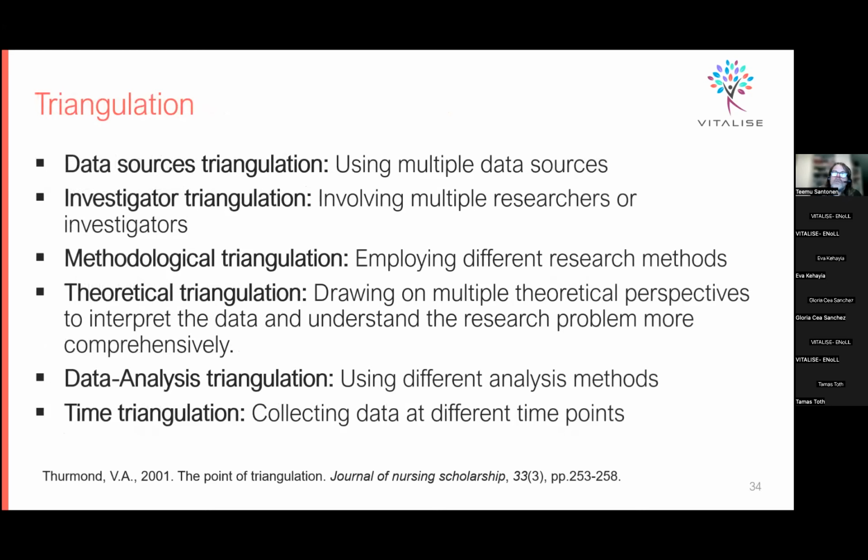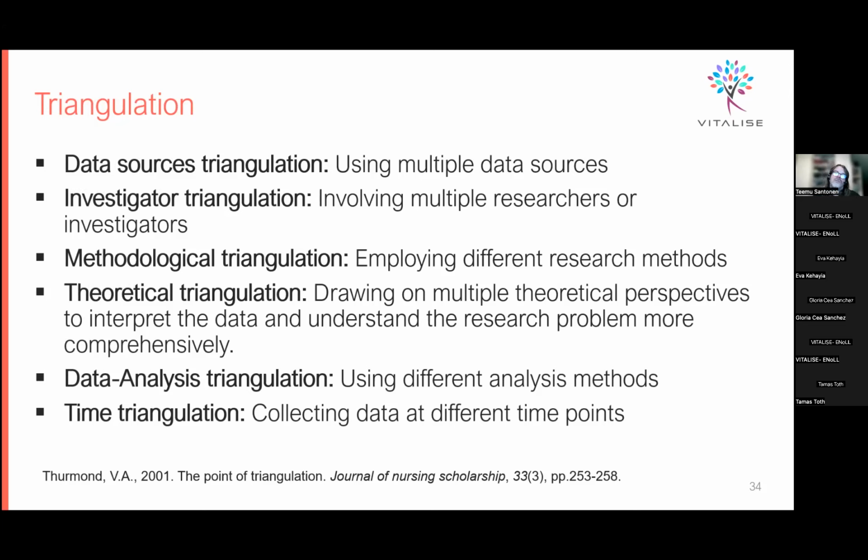And then one important thing is also triangulation. We have different types of triangulation. We can use multiple data sources. For example, we could have interview data, we could have survey data, we could have observational data, and so forth. And the other thing is also that in many cases, in the Living Lab studies, we actually have multiple researchers working on these projects.